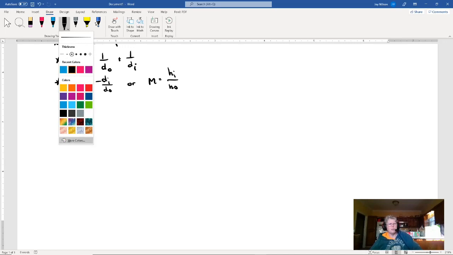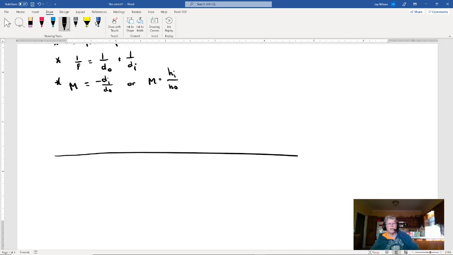Let's say that here's our first example, and we are told it's a converging lens, focal distance is 8 centimeters. So how's AP going to show that?